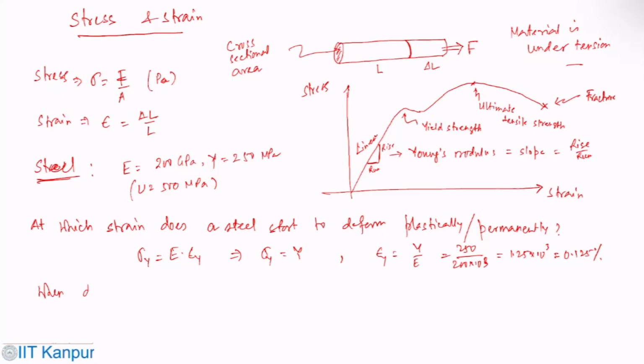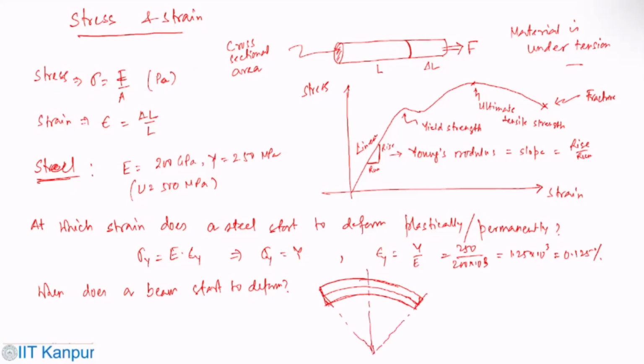when does a beam start to deform? If you look at the beam structure, or if you draw it, this is the center of curvature, this is the radius of curvature, and this is the neutral axis.